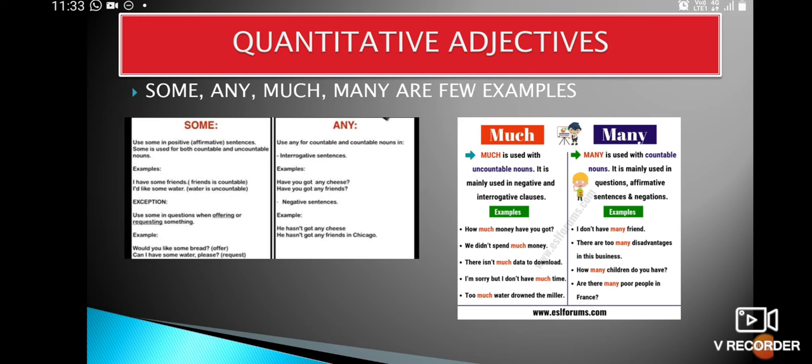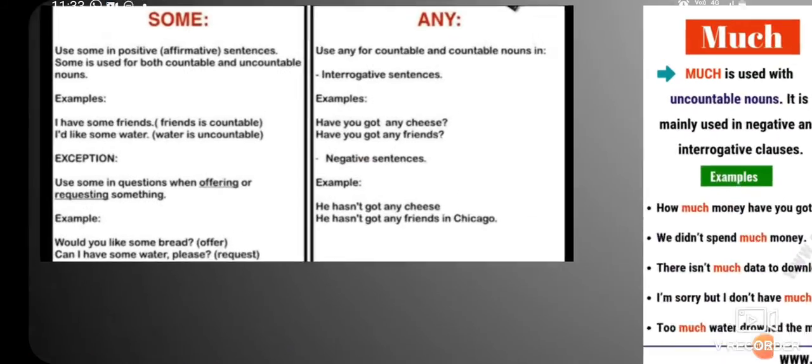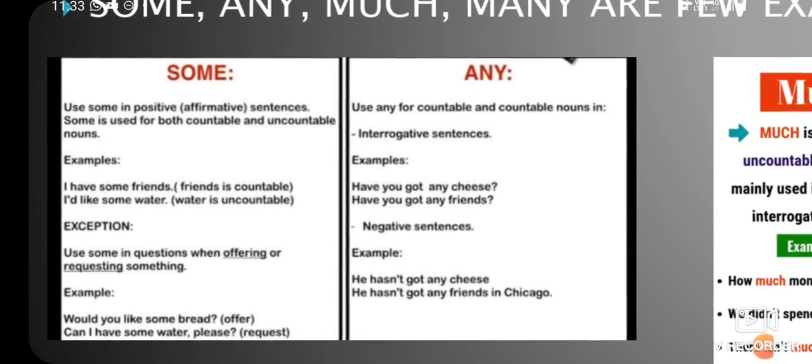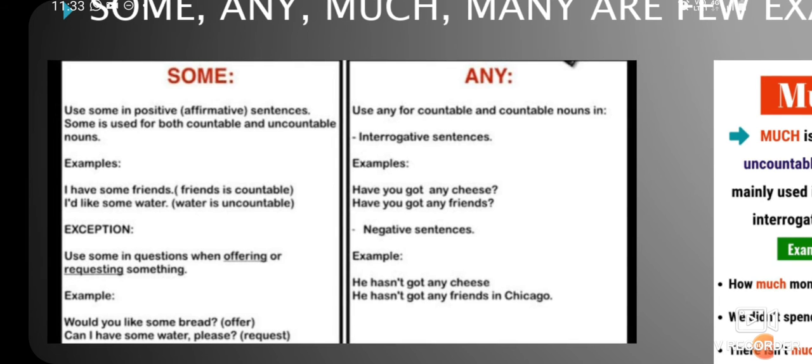Some you will use with countable nouns, and any also you will use for countable and uncountable nouns. But the difference is that when we use some, we use it in positive, affirmative sentences. And any is used in interrogative sentences and negative sentences.